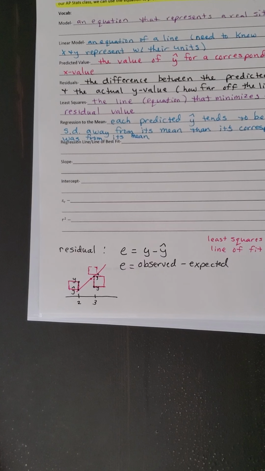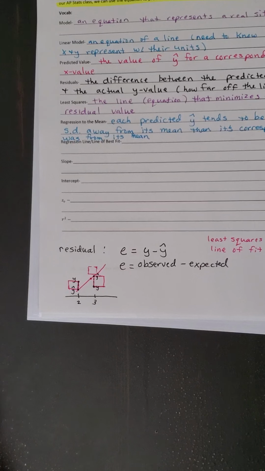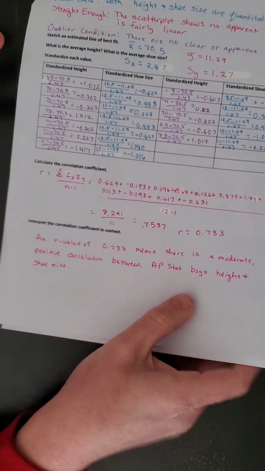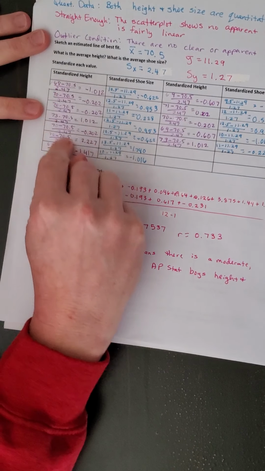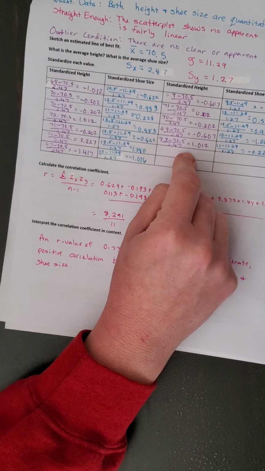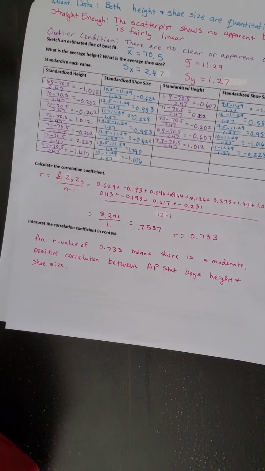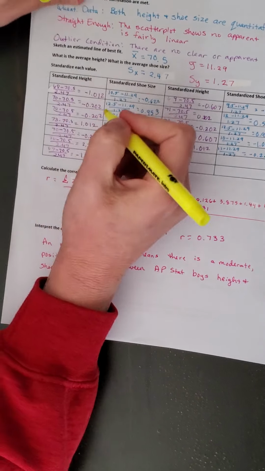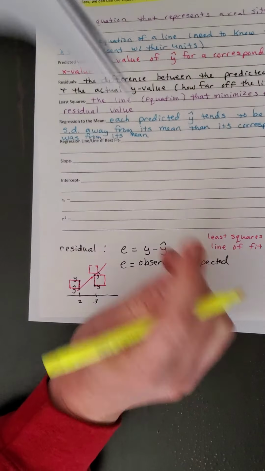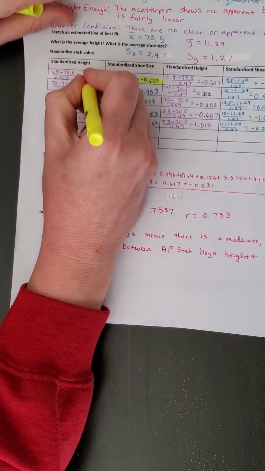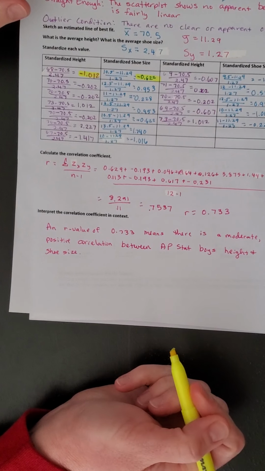So let me see how I could explain that, maybe using some of the homework from yesterday or the other day. Okay, so I standardized each value of the heights and the shoe sizes. Remember the heights, which are in purple, those were our x values, and these are our corresponding y values. What they're saying here is that every predicted y hat tends to be fewer standard deviations away from its mean than the corresponding x value.